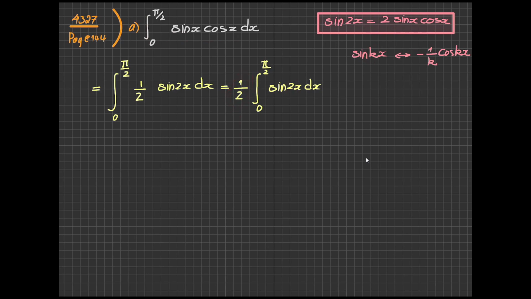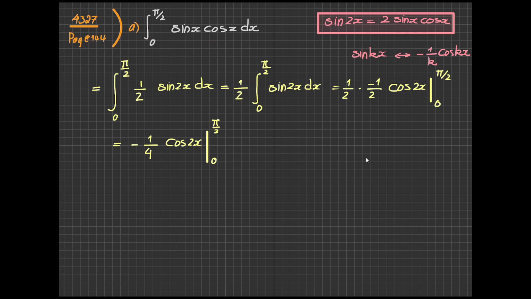So the answer becomes I have a 1 over 2 here, and then multiplied by minus 1 over k, and then cosine kx, which is 2x. But I'm supposed to calculate this combination from 0 to pi over 2. So if I simplify this a little bit, it becomes minus 1 over 4 first, and then I have cosine 2x, where x goes from 0 to pi over 2.